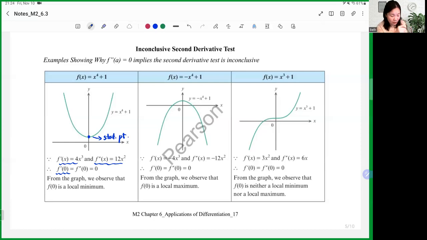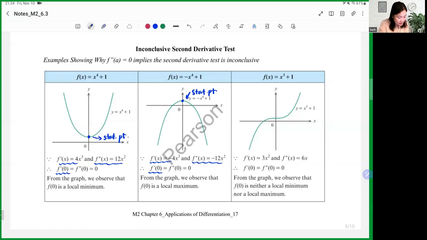Now look at the second example. If you find the first derivative and the second derivative, that's easy to find, it's a polynomial. And from the first derivative, I get this point as a stationary point. Again, a stationary point.